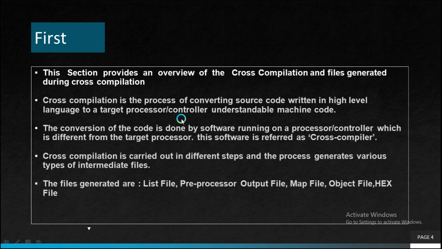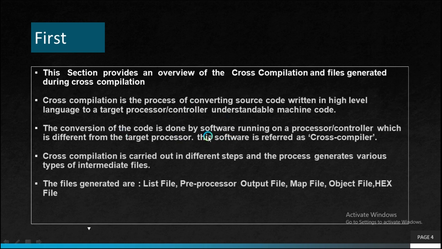Generally in compilation, this conversion is done by a compiler or software on the Windows processor itself, but for cross-compilation the process will be done by another processor, maybe Linux or Unix. Software from that processor will do this conversion to machine code that will be understandable by the Windows processor. That is, here two processors are in play. So that is what is meant by cross-compilation.